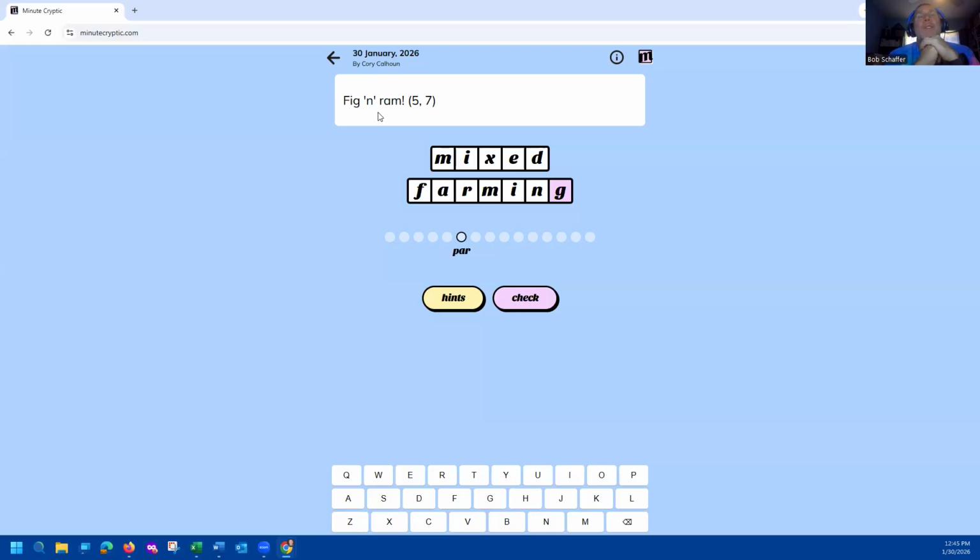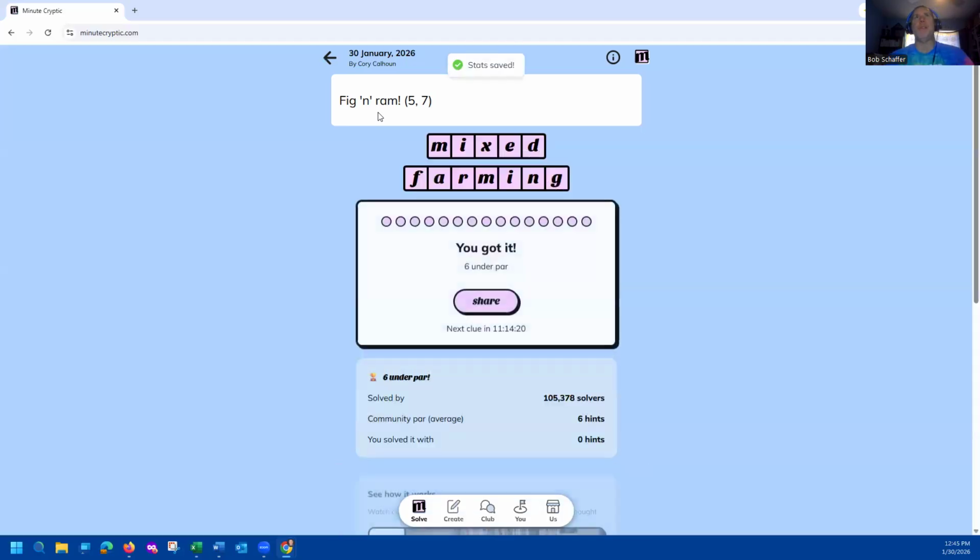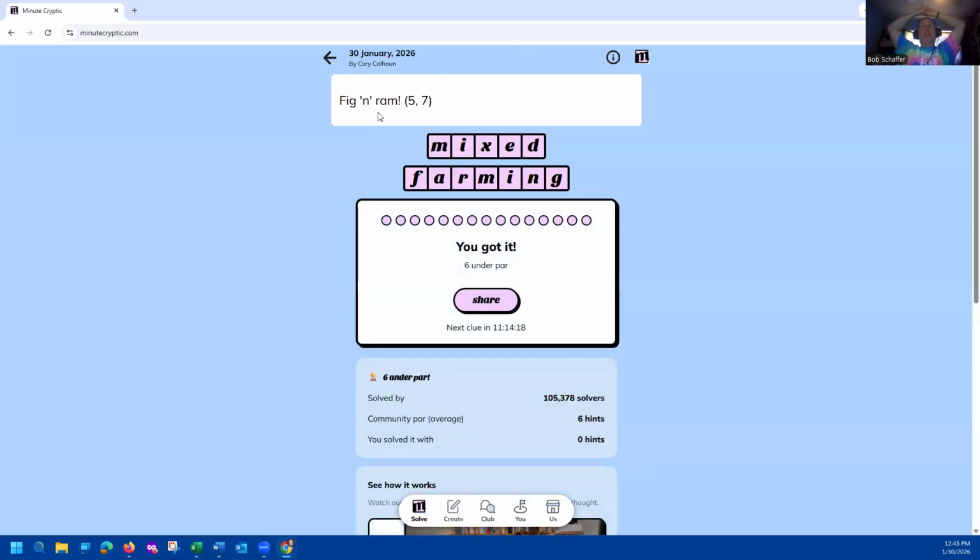So describing the cryptic part in the clue might get us there, like sheep farming. Oh my gosh. I hit enter on a whim, and it is correct.